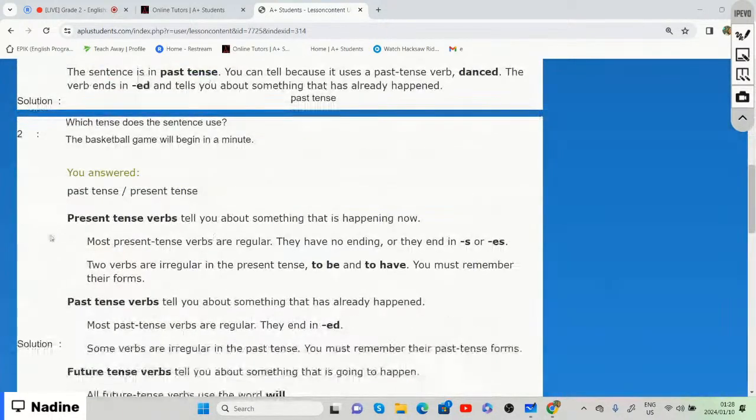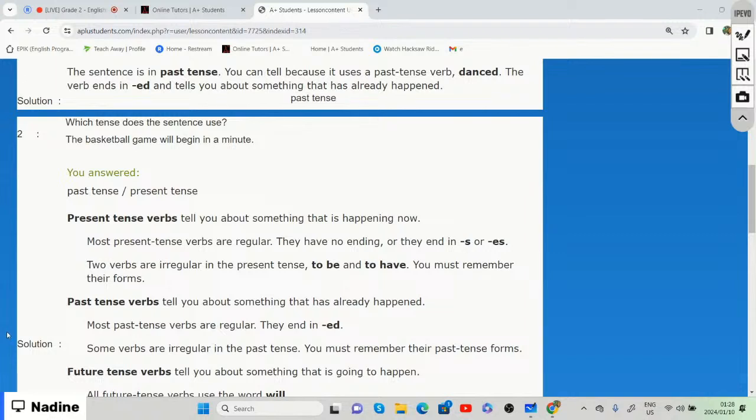Now we need to say which tense the sentence uses. The basketball game will begin in a minute. Is that in the present tense, the past tense, or the future tense?